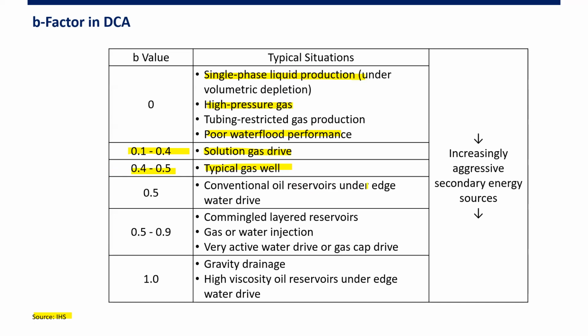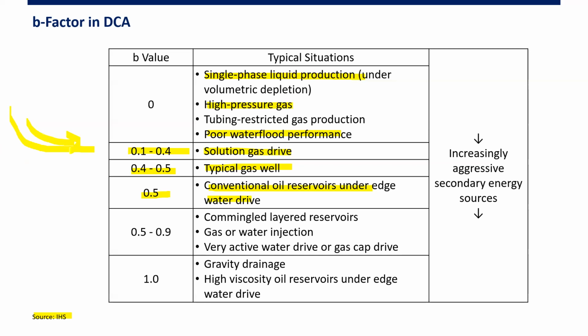Conventional oil reservoirs under edge water drive can have B equals 0.5. So the production will first decline and then go relatively constant. The curvature, the B factor, plays its role at later stage, at later time.